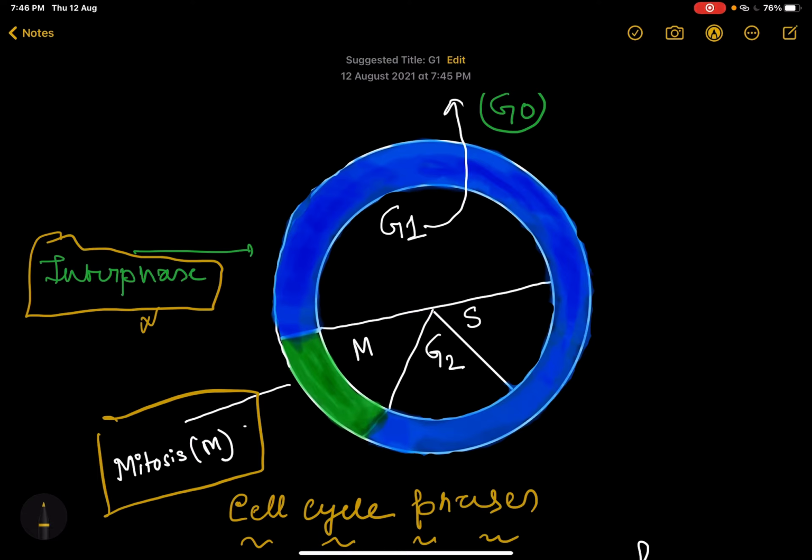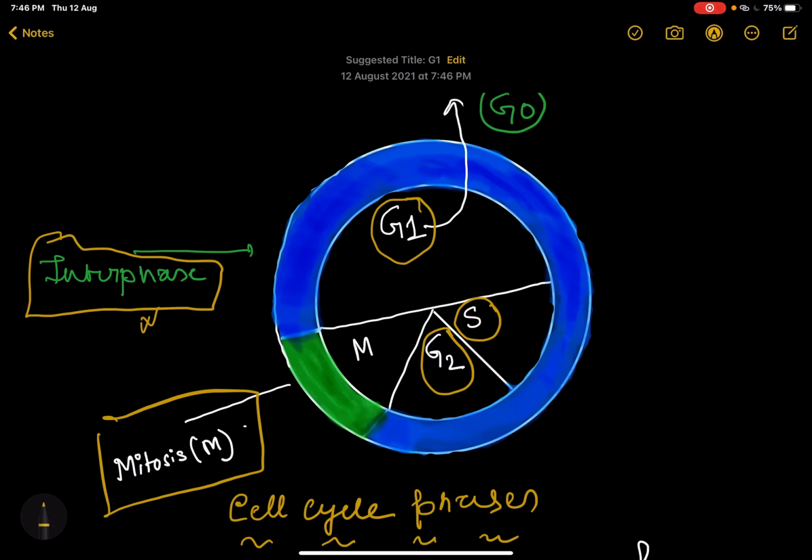Here the cell spends most of its time, and interphase can be broadly classified into three more phases: number one, G1 phase, number two, S phase, number three, G2 phase. Now, what do these phases signify and what do they do, here we can discuss.